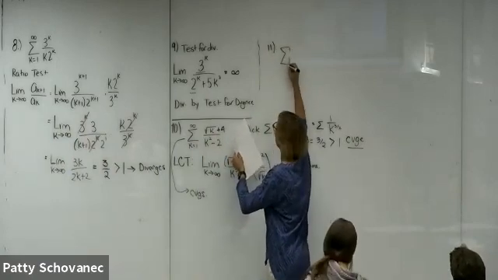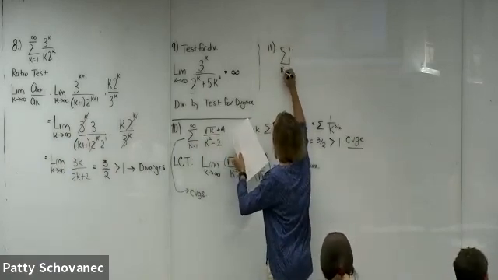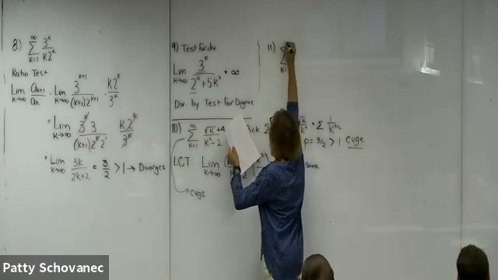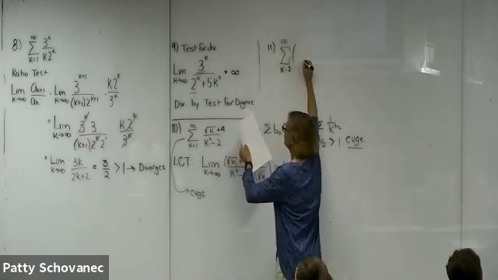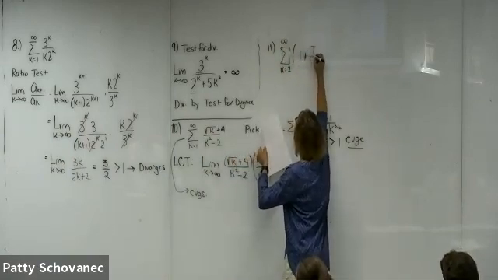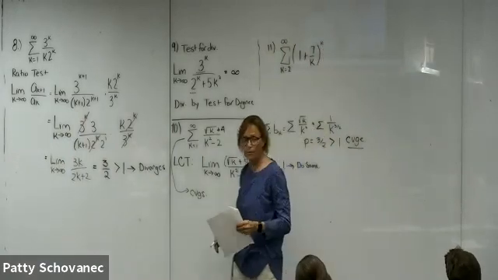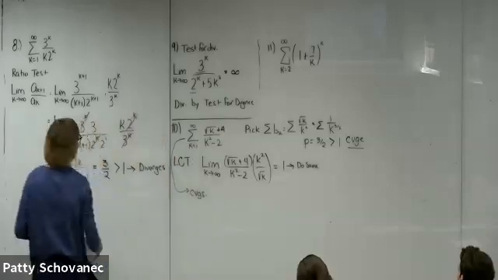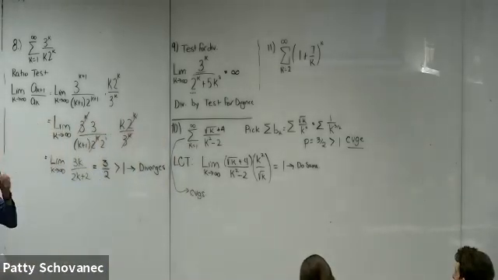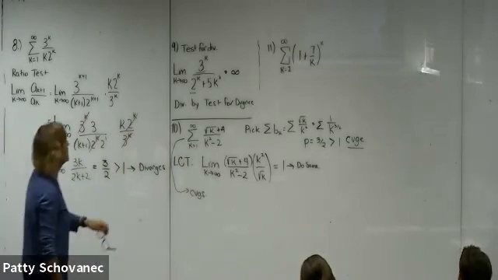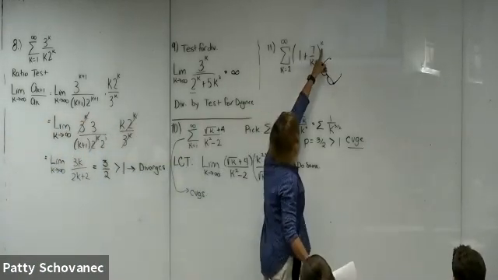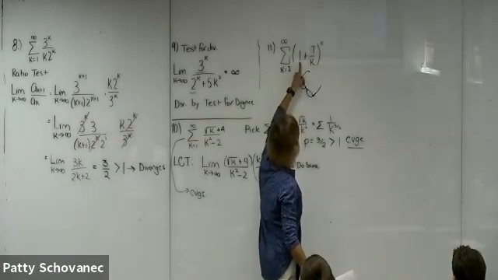Hopefully this one made you think of one that you did on your web work. You can do the kth root test, but what will you get when you take the kth root and then take the limit? 1. And that says the test is inconclusive. So even though this has a k power out here, once you take the kth root and take the limit, you just get 1.